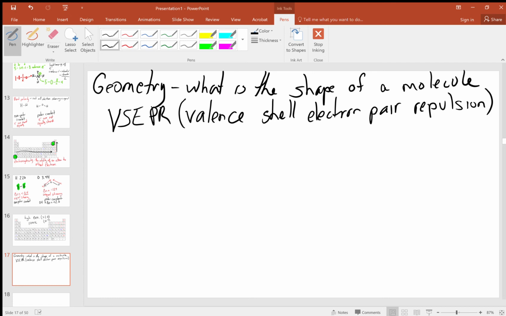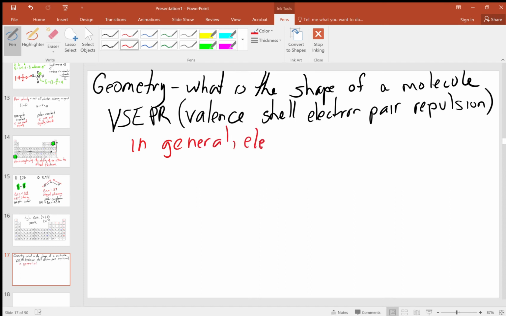So the geometry of an atom is determined by this theory, which we call VSEPR, that stands for valence shell electron pair repulsion. What that means is that in general, electrons don't like each other.